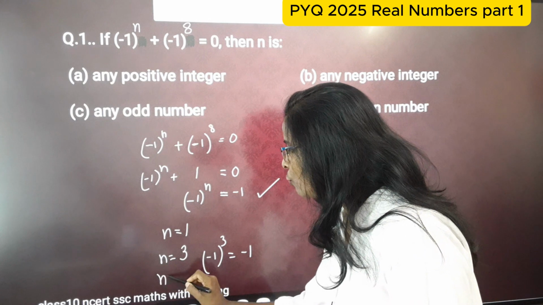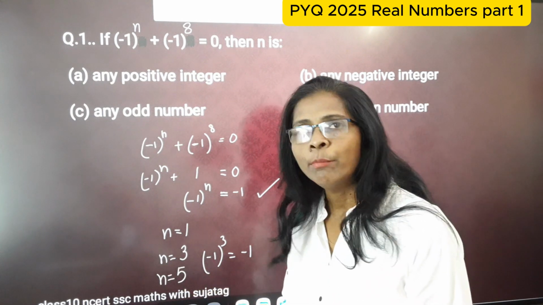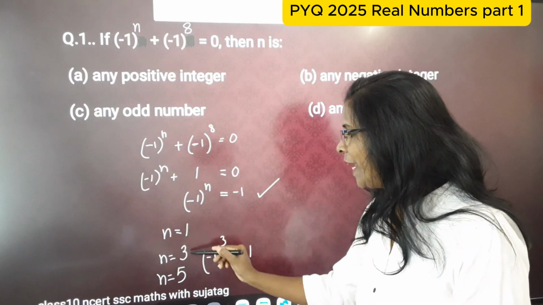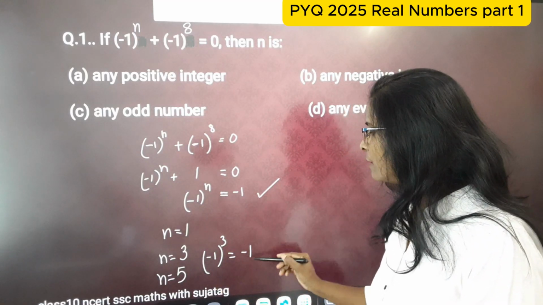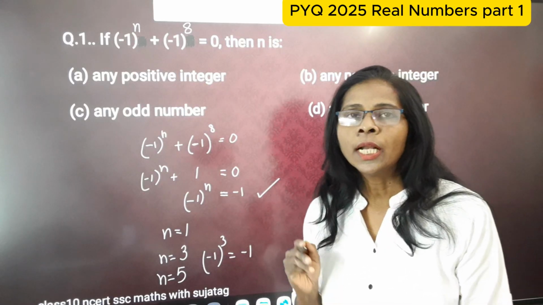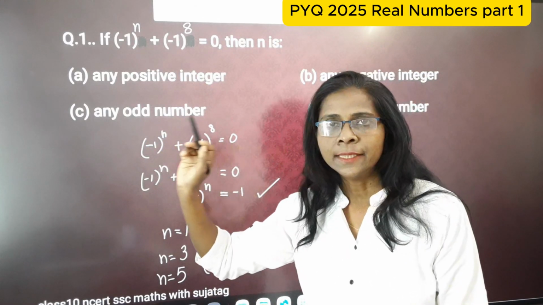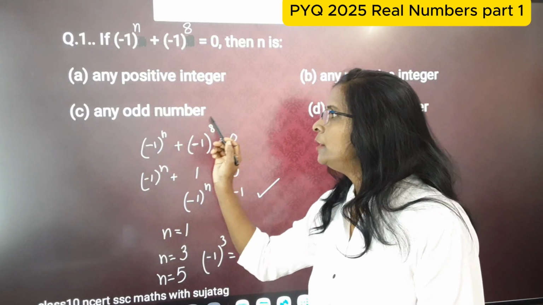If n is equal to 5, it will again give -1. So that means for any odd number, the value becomes -1. So the correct option is C, any odd number.